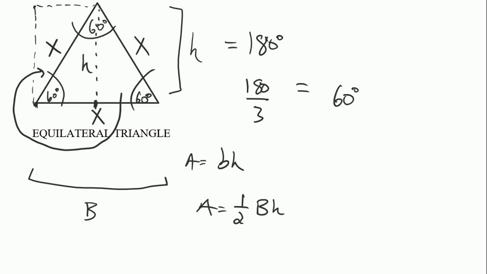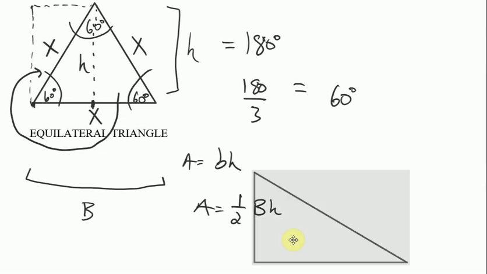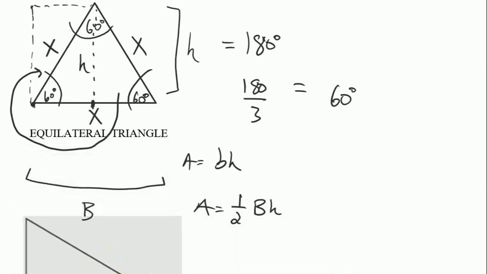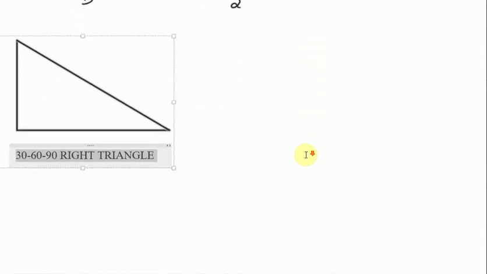Next we have the 30, 60, 90 right triangle. Let me move that over here. All right, let's examine that.